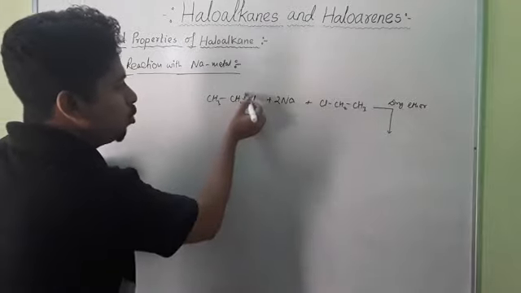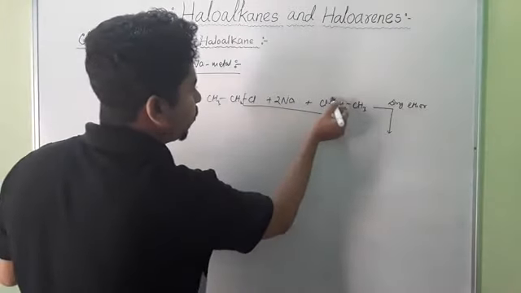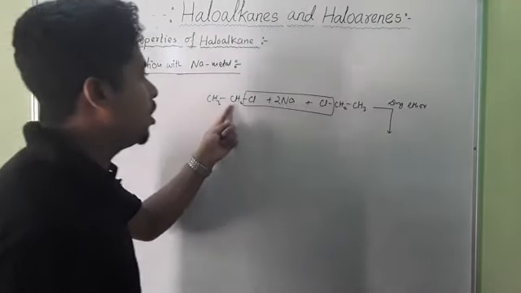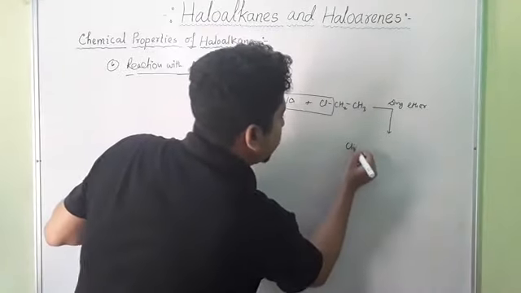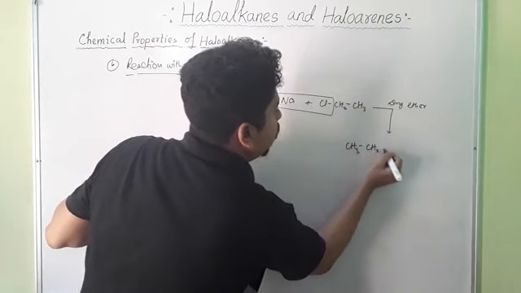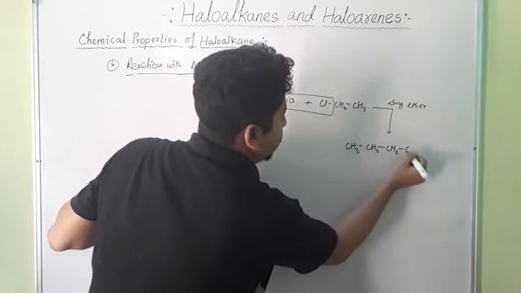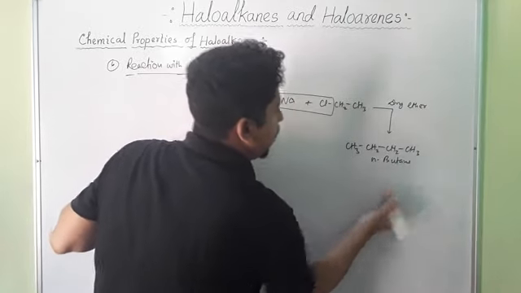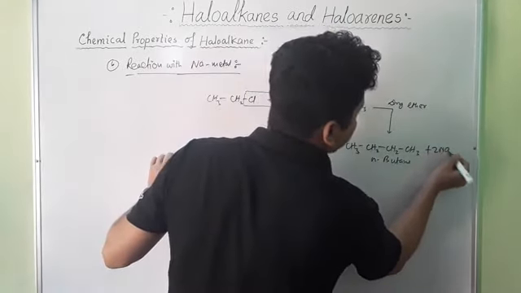Here you see 2 molecules of NaCl will be removed. So what are we left with? CH3 bond CH2 bond CH2 bond CH3. So this is n-butane, plus twice NaCl.